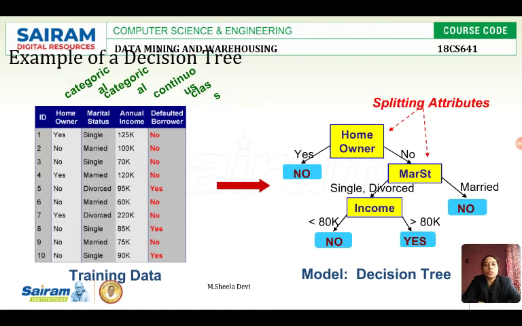Now we are going to learn how a learning algorithm helps us create a model which will take the induction from the training data set. The example of such training of a decision tree is what we are going to see in this video.